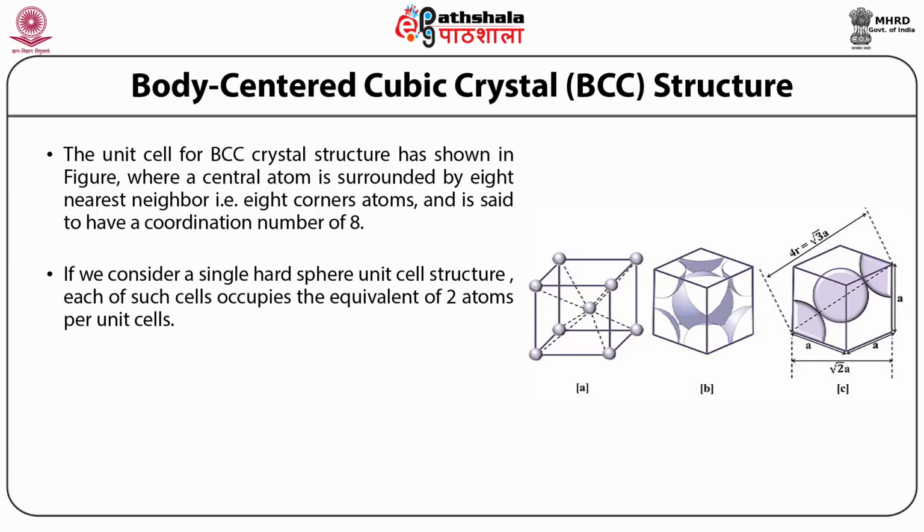cells occupies the equivalent of 2 atoms per unit cell. 1/8 of a sphere is located at each corner of the unit cell, making the equivalent of 1 atom, that is 1/8 multiplied by 8 equals 1, plus 1 complete atom located at the center of the unit cell, resulting in a total number of 2 atoms per unit cell.